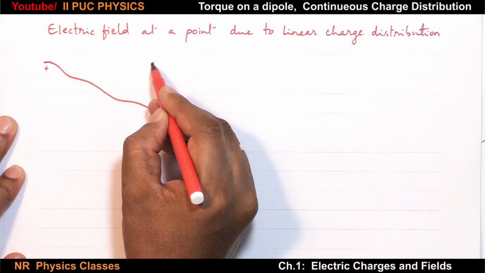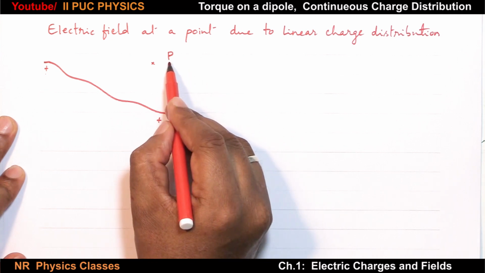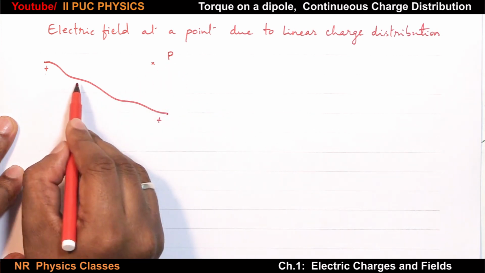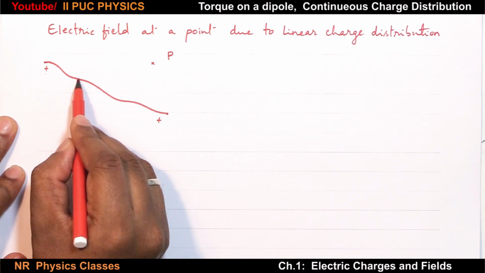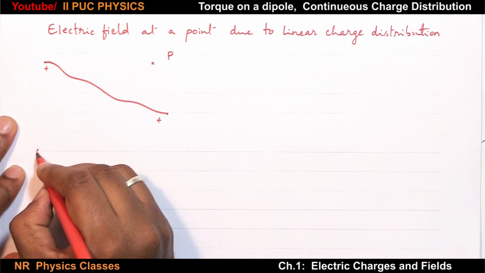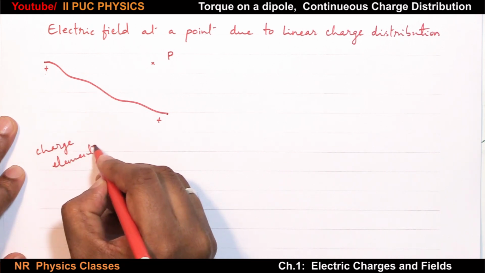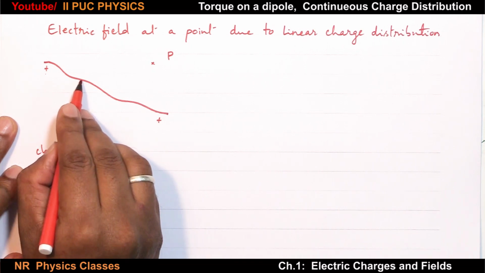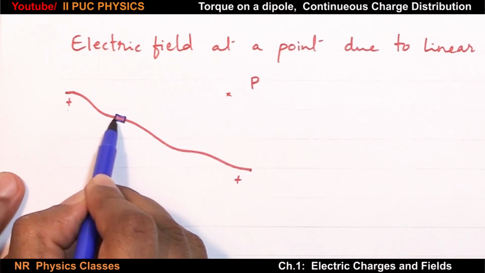This is point P. We have to find electric field at point P. For that, let us consider a small region of this conductor. That small region is called a charge element. A small region of the conductor, and that is also charged.